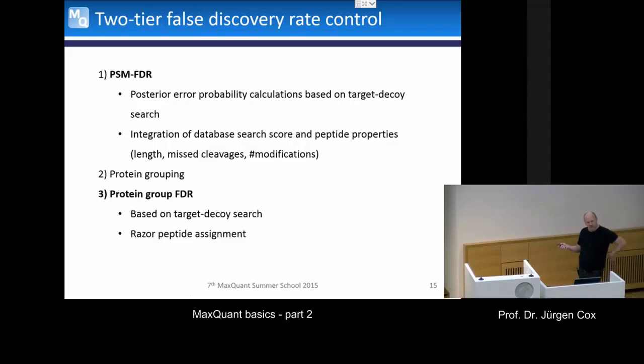And actually, since some time already, we also report a Q value in the protein groups table, which means you could first not enforce the protein FDR, leave it open, but then you have a Q value reported in the table, and you could later use this Q value for filtering. So if you filter the Q value for being smaller than 0.01, that would correspond to the protein group set with 1% FDR.